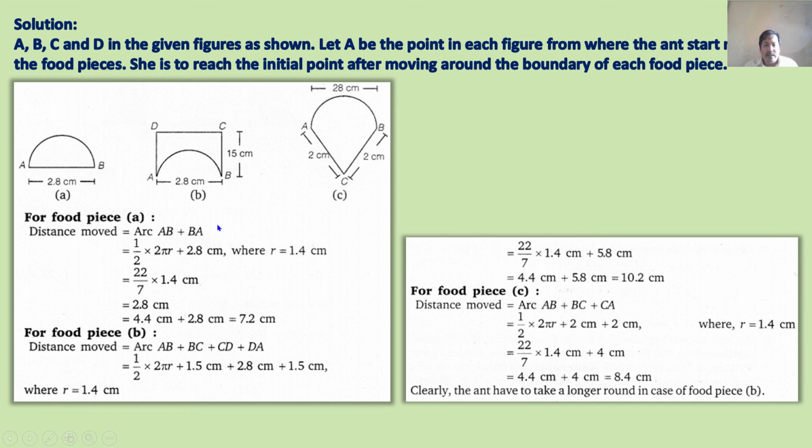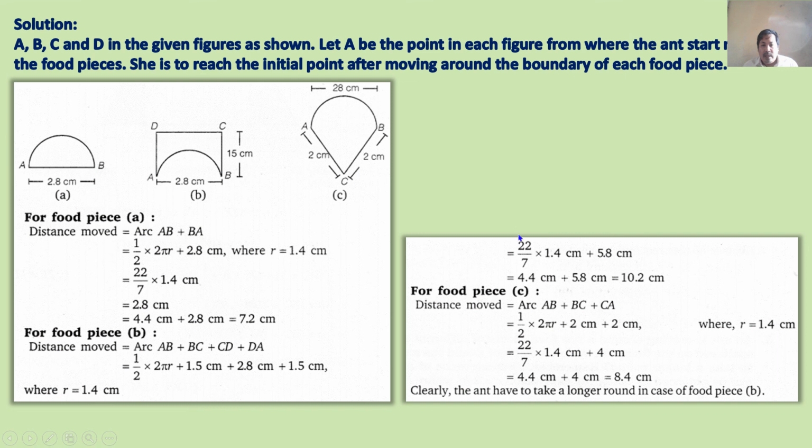So BC how much? BC is 1.5. The CD how much? 2.8, and again DA will be the same 1.5 centimeter, isn't it? We have pi r, so pi 22 by 7 and r 1.4 centimeter. And my dear student, if you add all these three, 1.5, 2.8, and again 1.5, you will get here 5.8 centimeter altogether.